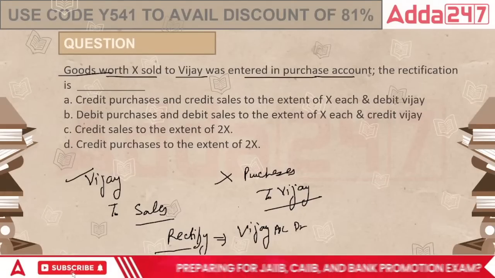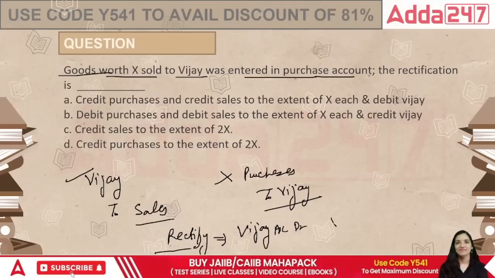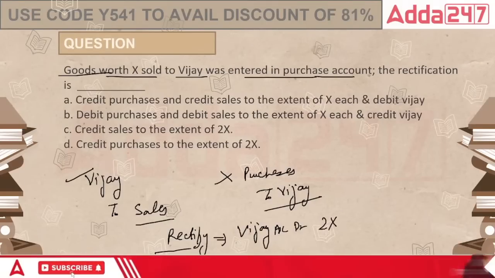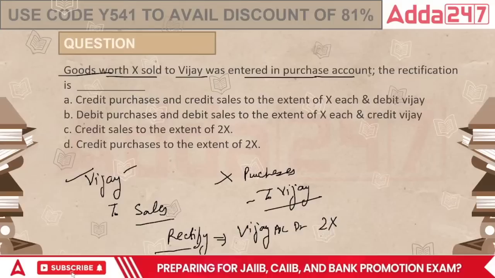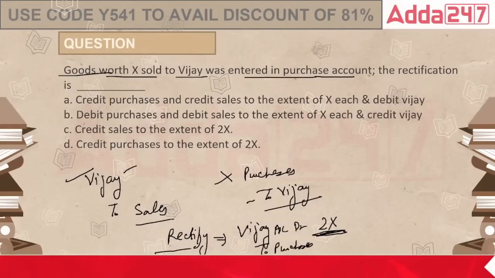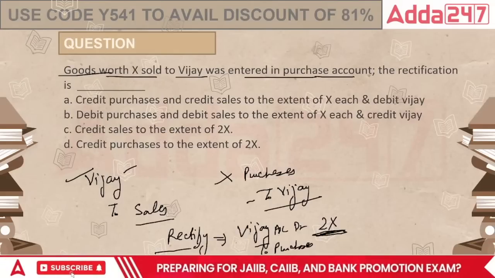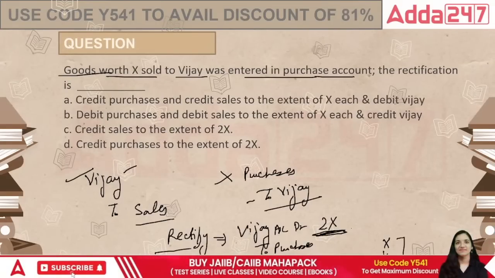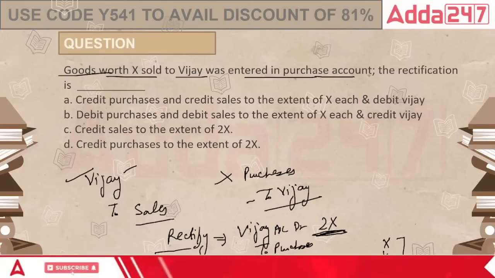right? Then what will happen is Vijay should be taken twice. The reason is that he is supposed to be debited and he is right now credited as well. So he should be doubled and this purchase account should be eliminated and the sales account should be created. So this would become an entry like Vijay account debited 2x, purchases x and sales x.